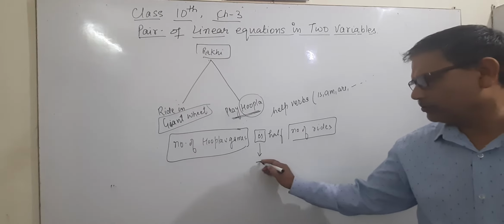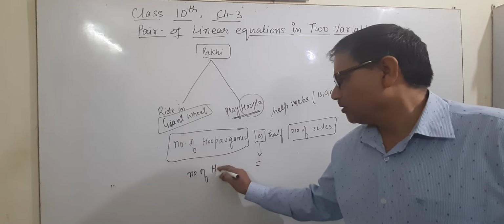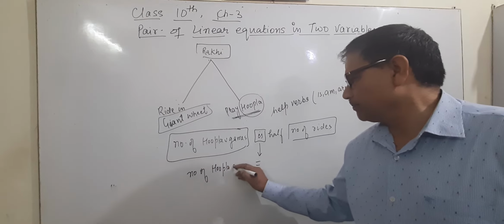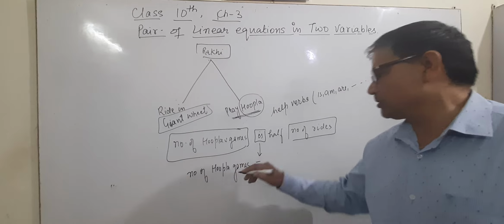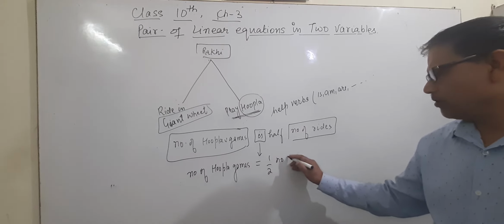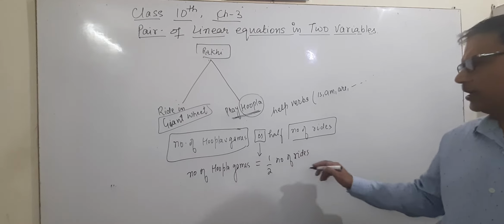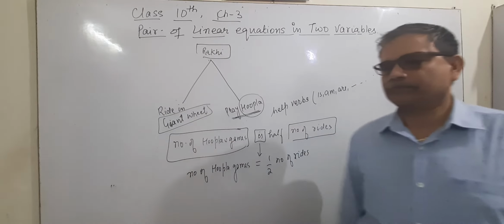Here is means equal to. It means the number of hoopla games is equal to half of the number of rides. Number of rides on the giant wheel.